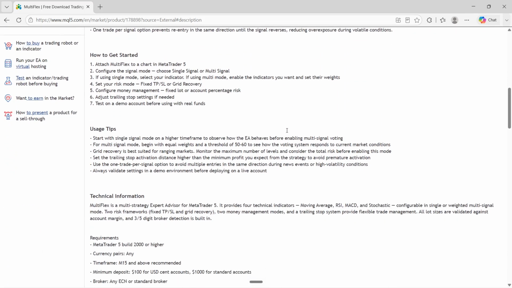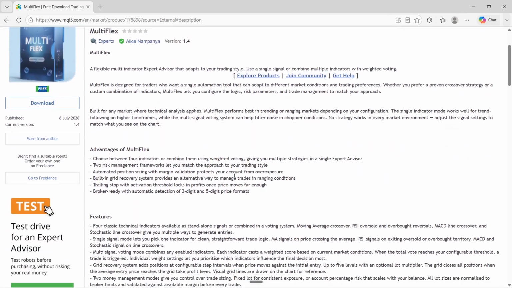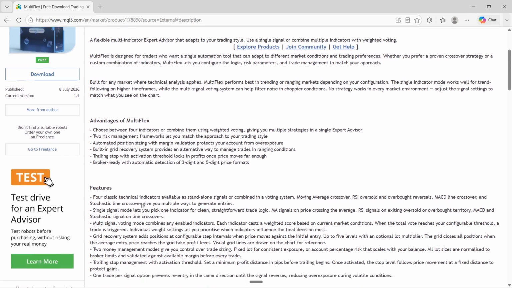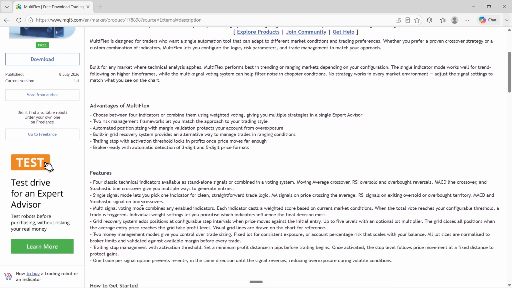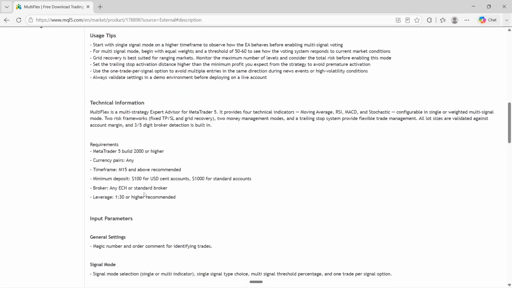Alright, so we have all that here. So we have broker ready with automatic detection of 3 digits and 5 digits price formats. So the recommended time frame is M15 and above, as you can see in the requirements.